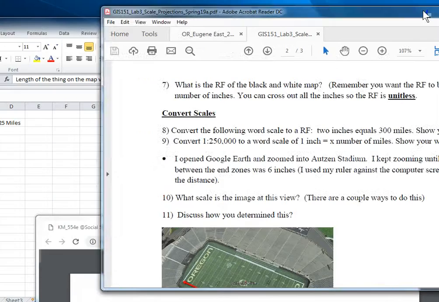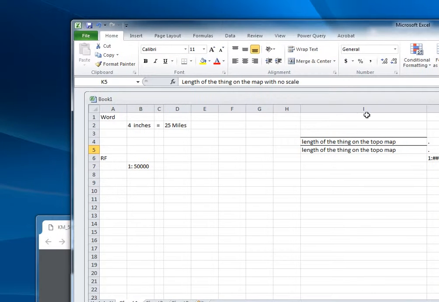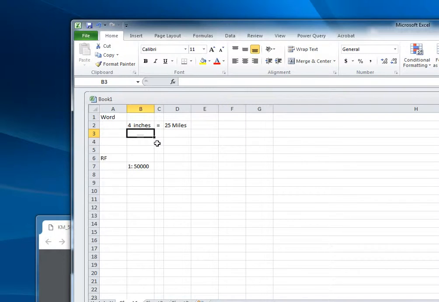So, for example, if I have a scale that says 4 inches equals 100 miles, the easiest thing is first to get this down to 1 inch equals the same reduction in miles.